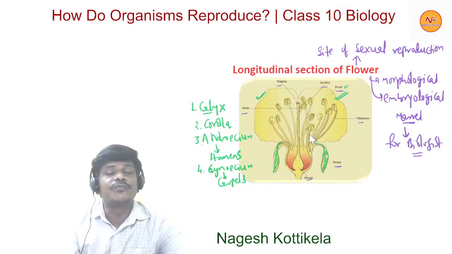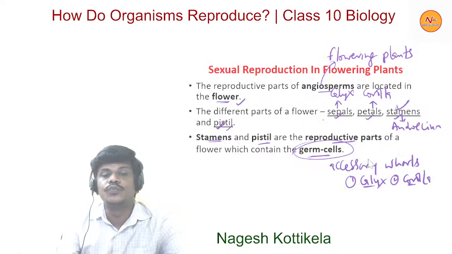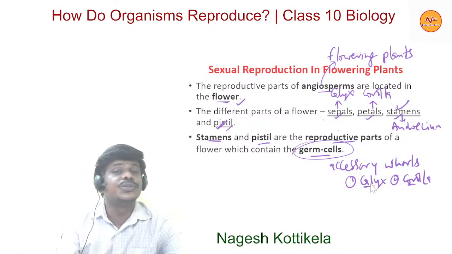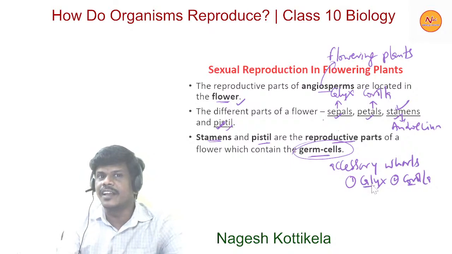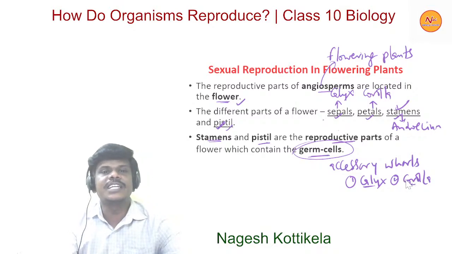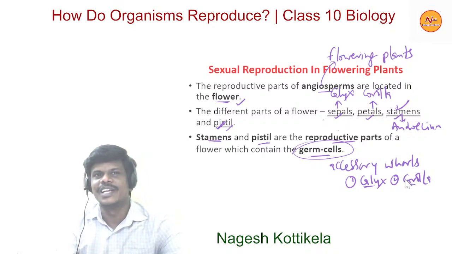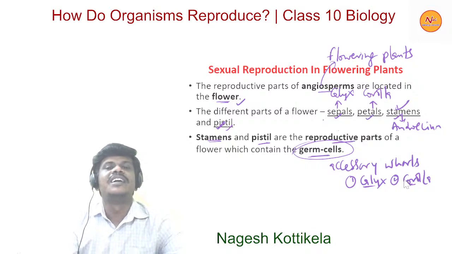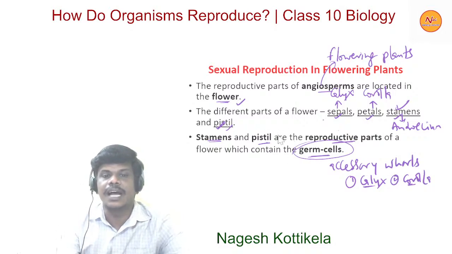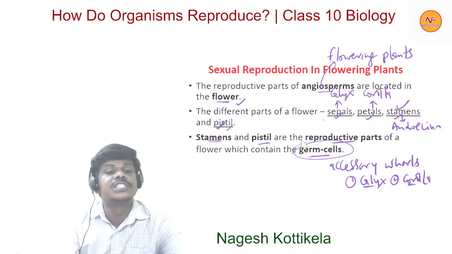So these are the functions of the other two whorls, calyx and corolla. Calyx protects the inner whorls during the bud stage, and corolla, brightly colored, attracts insects for the pollination process, which is essential for fertilization to occur in the next steps. Okay, so this is about the different whorls of a flower.